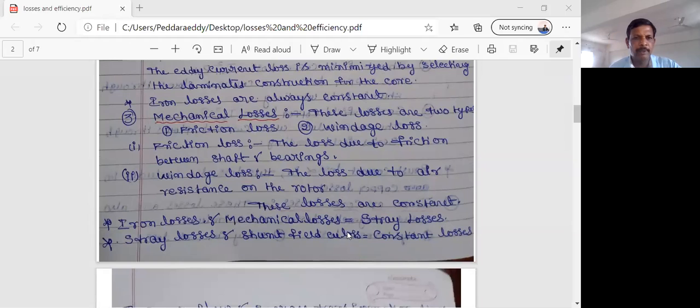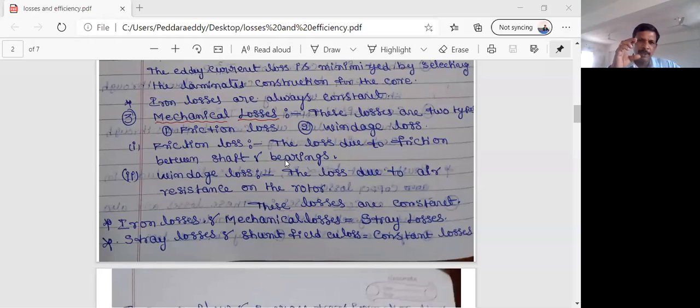The third loss is mechanical loss. These losses are of two types. One is friction losses, another one is windage losses. Coming to friction losses, how do friction losses occur? It is the loss due to friction between the shaft and bearings.